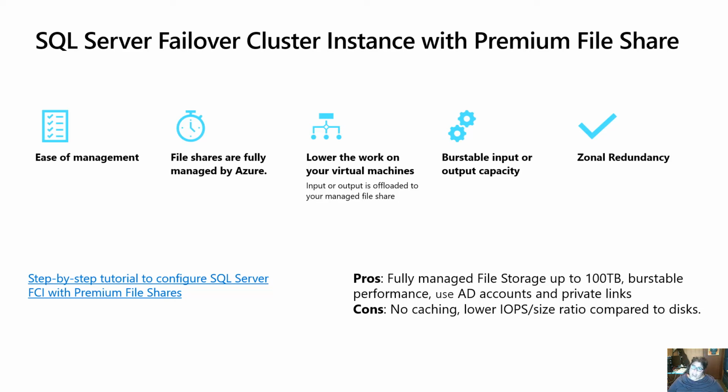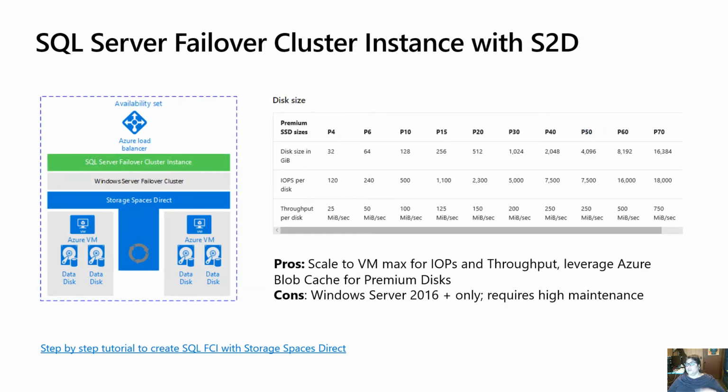But for those higher IOPS and throughput requirements, you might want to choose something like Storage Spaces Direct, or S2D. Storage Spaces Direct is a Windows technology that allows us to cluster the data disks themselves and then make those available to the clustered instance of SQL Server.